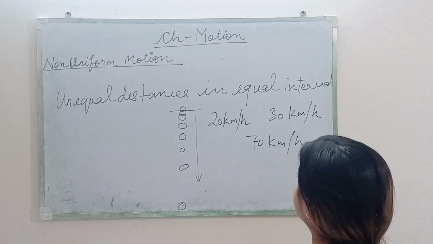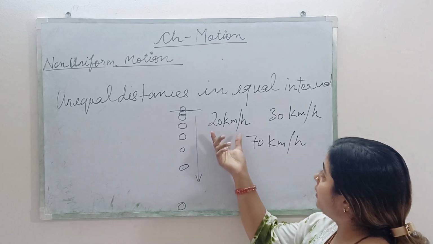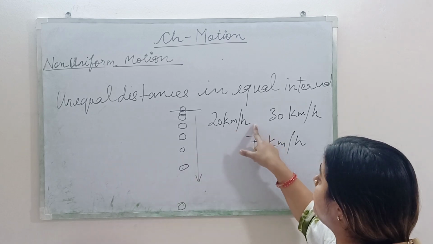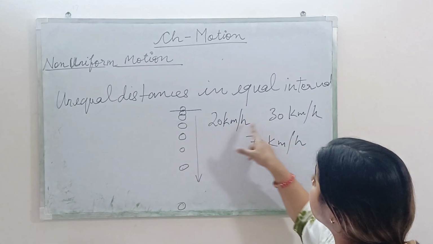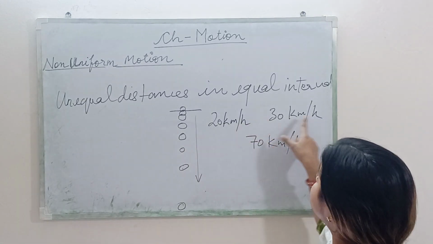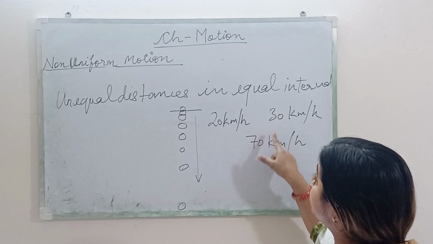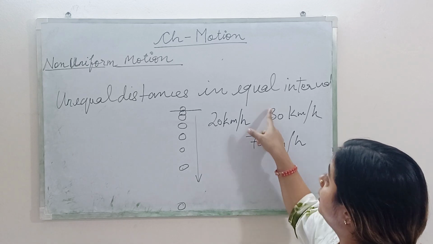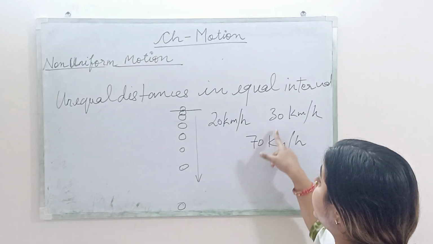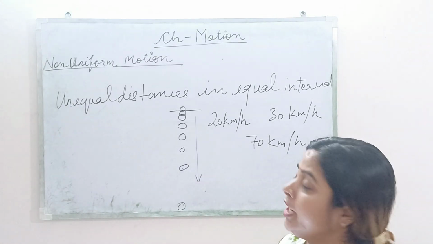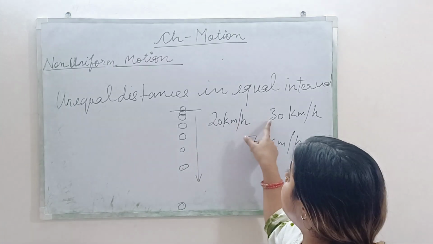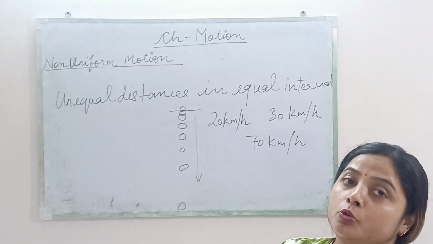So what is happening? Initially, the speed of the car was 20 kilometer per hour, then 30, then 70. So if the values in each hour, is the difference between these values the same? Here it is same, but here 70 minus 30 is how much? 40. Okay, so the body is covering unequal distances in equal interval of time.